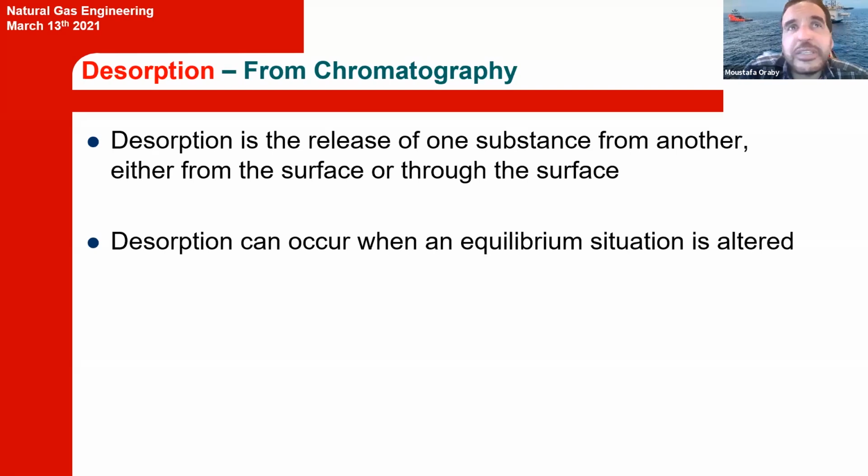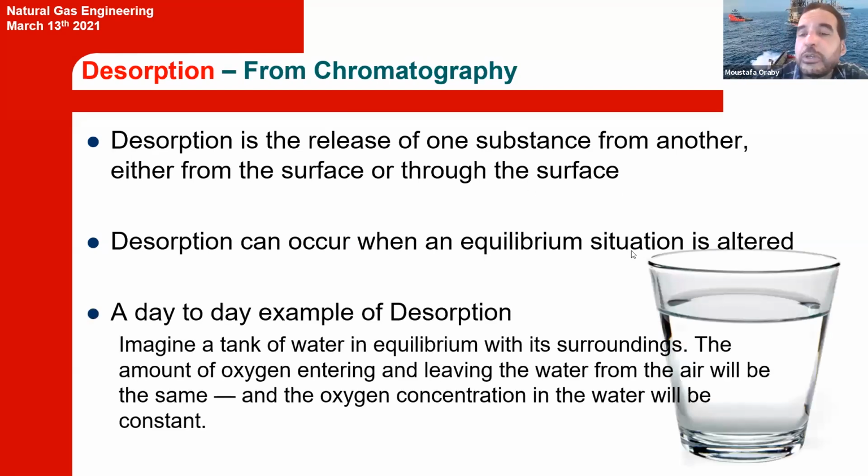By the way, you see this every day, but we don't pay attention to it. For example, if you have a glass of water, at the surface you have the water here, and above the surface is the air. Air has oxygen, water has oxygen. There's an exchange of oxygen between the air and the water that you don't really see. That's what's called desorption.